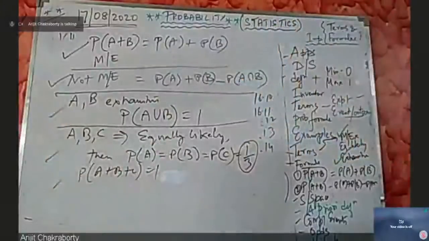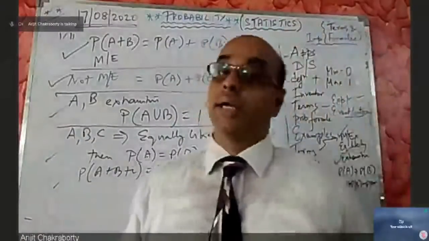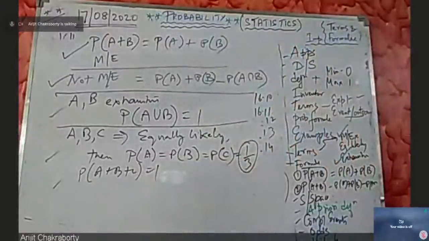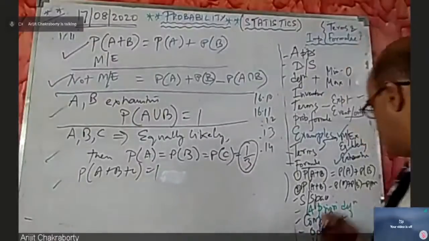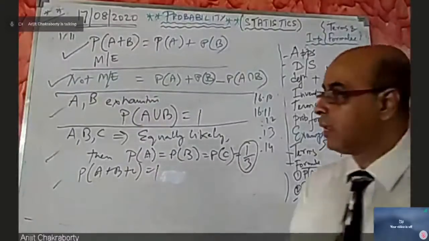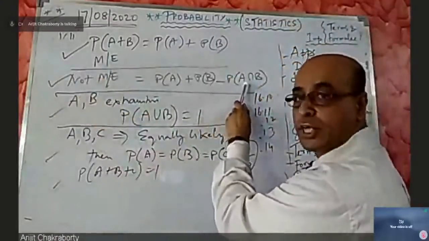So all the important formulas we have done. We are left with only one formula, and that is conditional probability, which we are going to take up after this. So we have done the addition formula as well. For non-mutually exclusive, P(A) plus P(B) minus P(A intersection B).